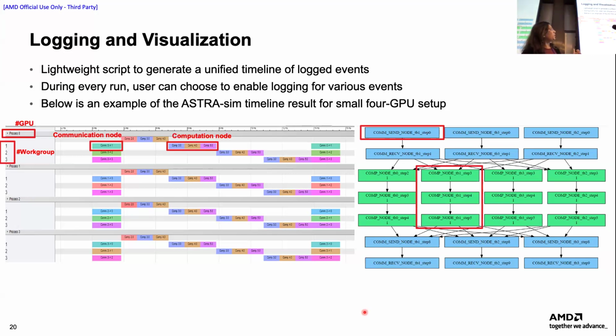But when we actually visualized how ASTRA-sim consumes it and sends it, we were able to identify that the communication nodes do happen in parallel, but the computation is actually staggered. It's happening one after the other. That was a really good insight that the visualization was able to give us. And eventually, when we have more complex topologies that we're going to execute, definitely the visualizer will be very helpful.